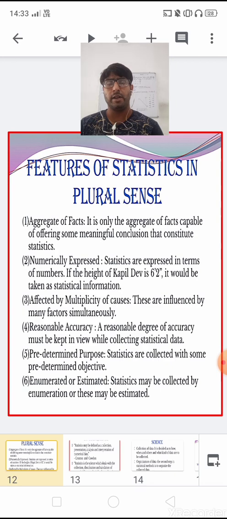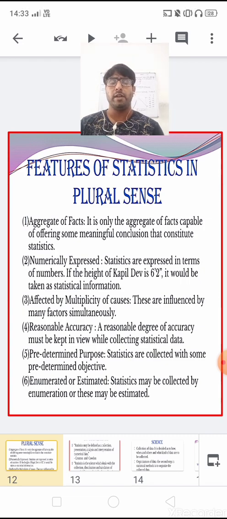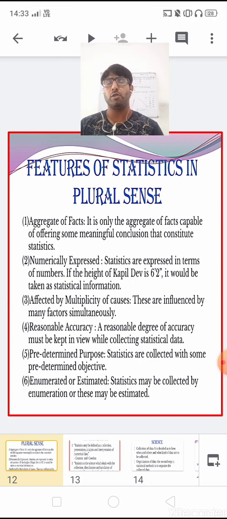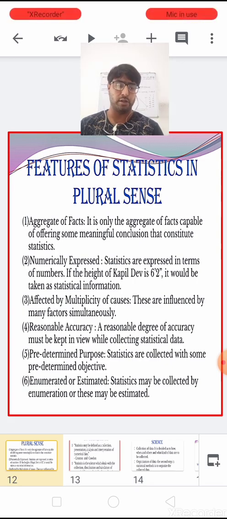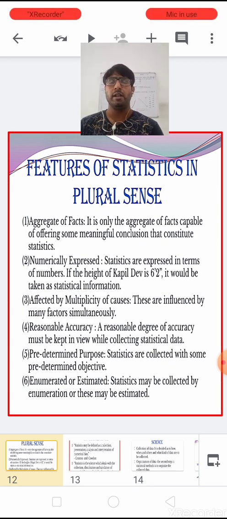Next is predefined purpose. Statistics are collected with some predefined objective. For example, if you want to know the population of a country, we go door to door to collect the information on the total number of people living in the country. So it is basically a predetermined purpose with which we conduct the inquiry.